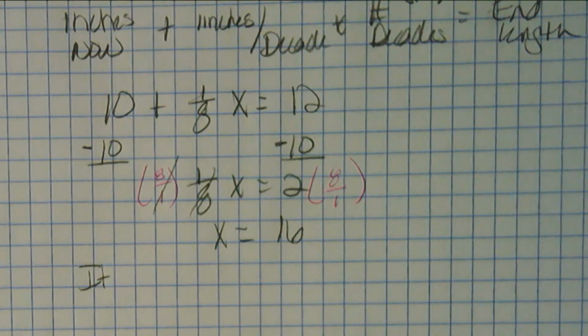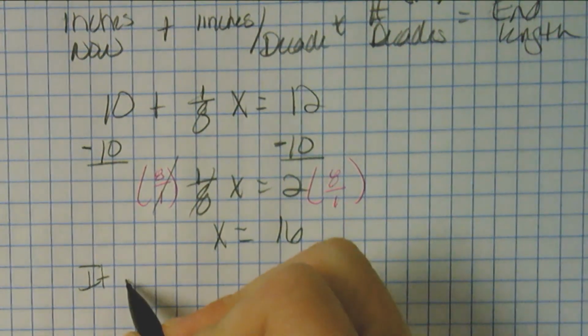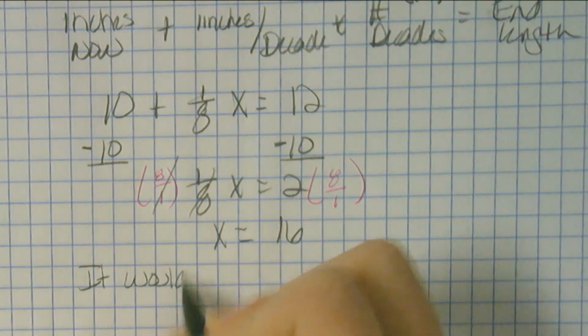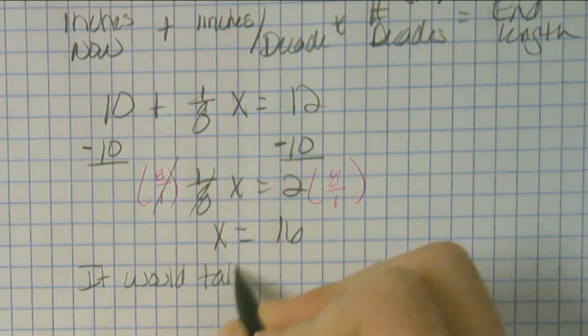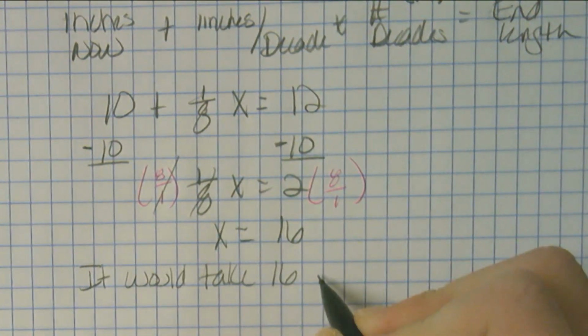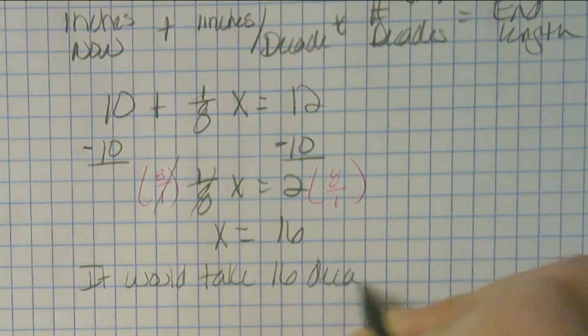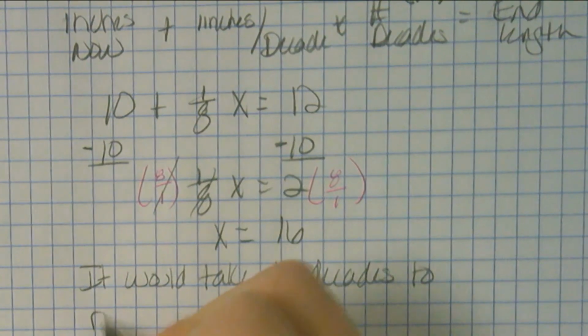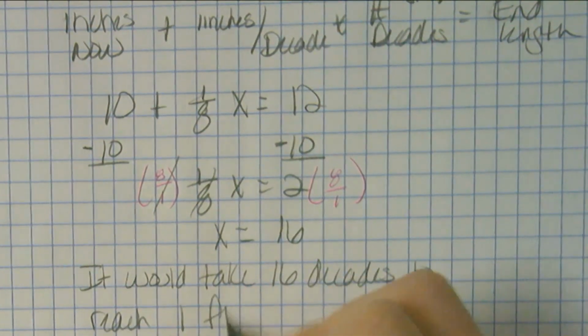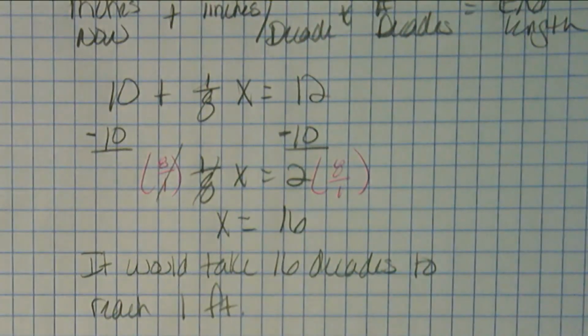Yeah, what does the answer mean? Excellent. So it would take 16 decades to reach 1 foot. It's really important you guys pay attention to what your variable stands for, please.